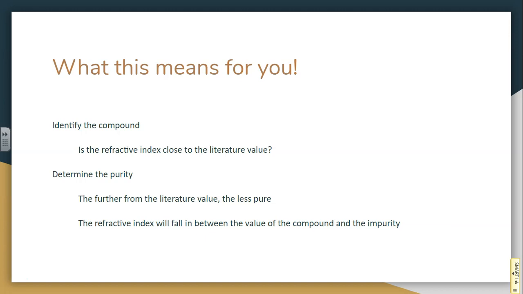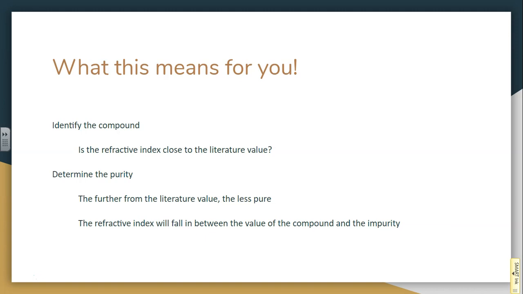But the other thing that you can do is also determine the purity. Because the relationship is quasi-linear, you can say that the further from the literature value your index of refraction is, the less pure your compound is. And that's a pretty powerful statement right there.